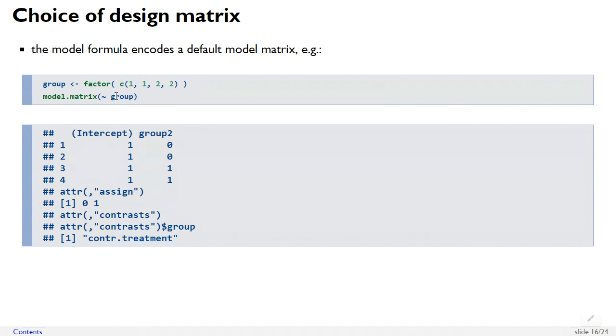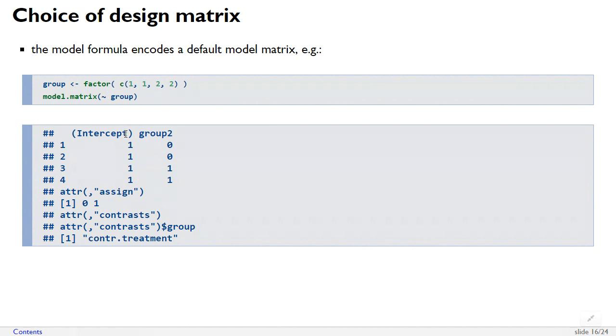So the two things going into this are the actual data and the model. You have your data and your model, and those motivate what your design matrix is.